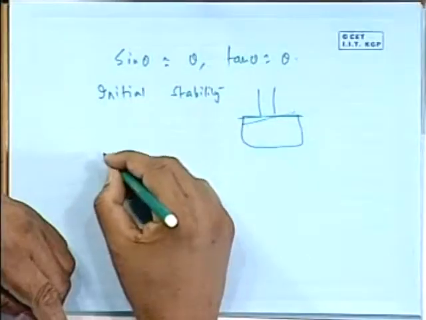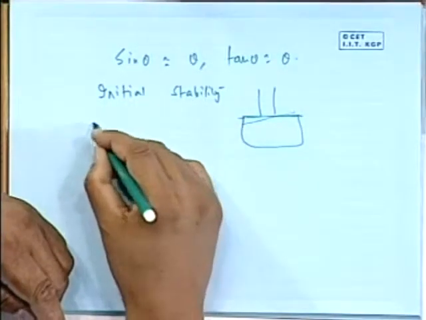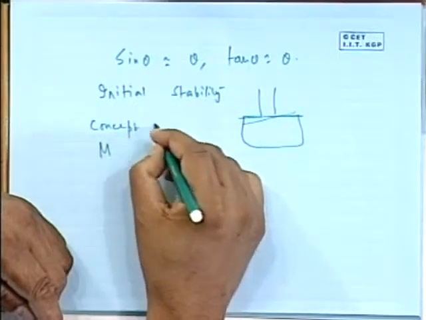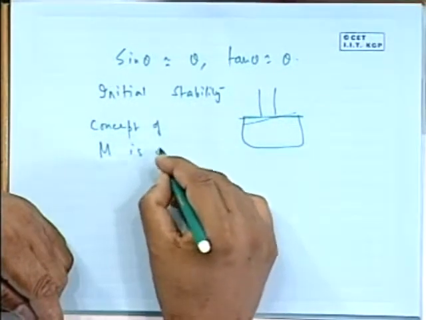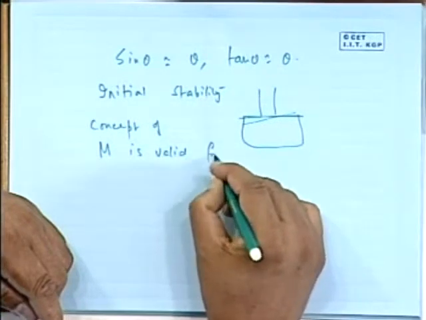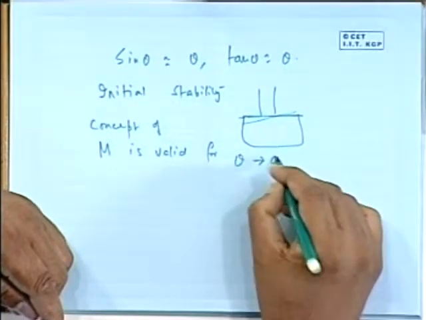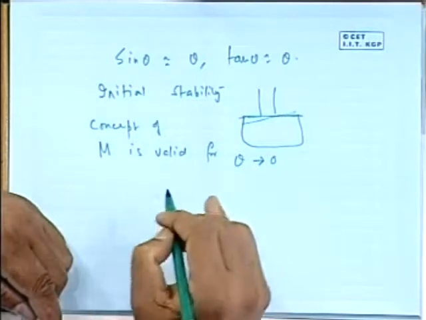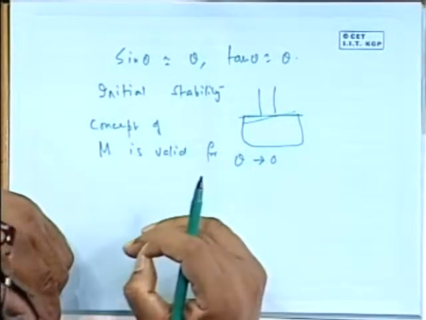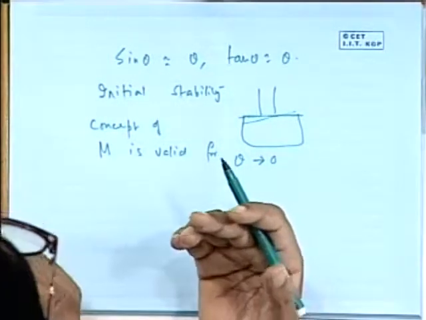So the concept of metacenter is valid for theta tends to 0. Why do we say that? Because if theta was not tending to 0, there is no fixed metacenter. It depends on theta. So then we cannot talk.